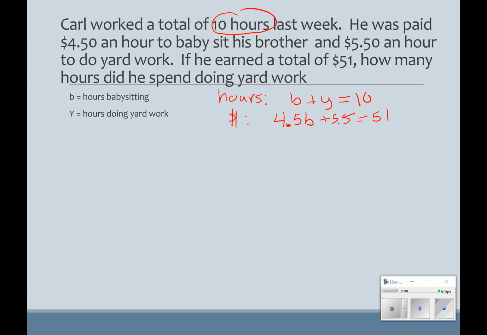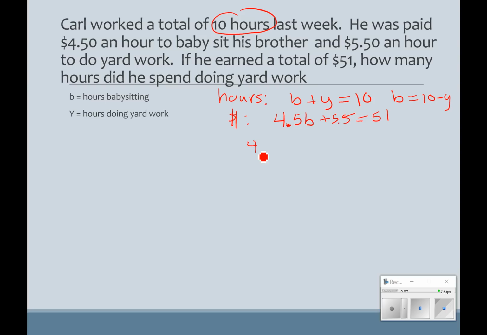Okay. I can solve this by substitution, and I want to know how many hours he spent doing yard work. So I want to make sure that my y variable stays around. So I'm going to subtract y from the first one, and I'm going to get b equals 10 minus y. Okay. And when I sub that in, I'm now going to sub it into the second equation.